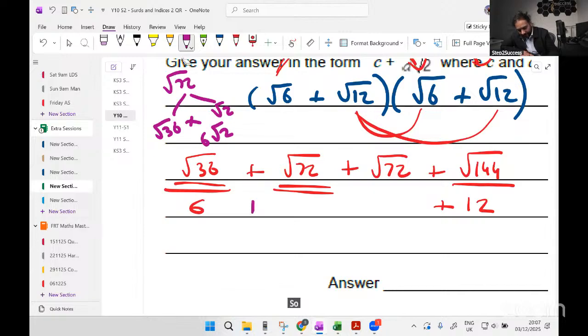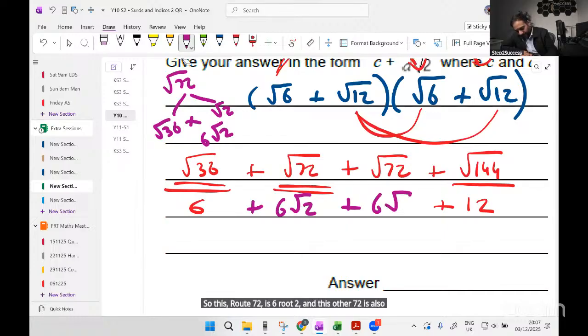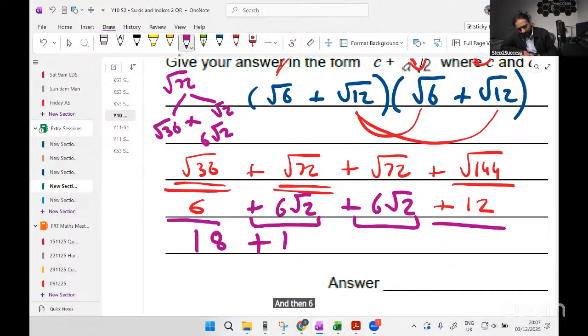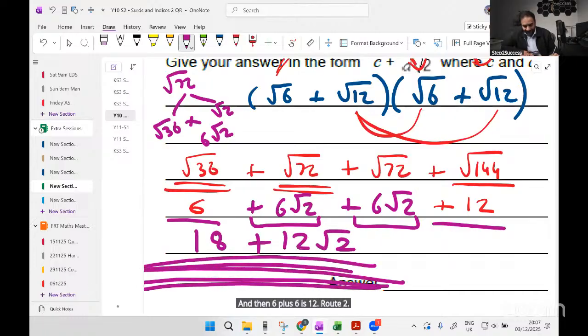So this root 72 is 6 root 2, and this other root 72 is also 6 root 2. And then you simplify the like terms. 6 add 12 is 18, and then 6 plus 6 is 12 root 2. That is the answer to the question.